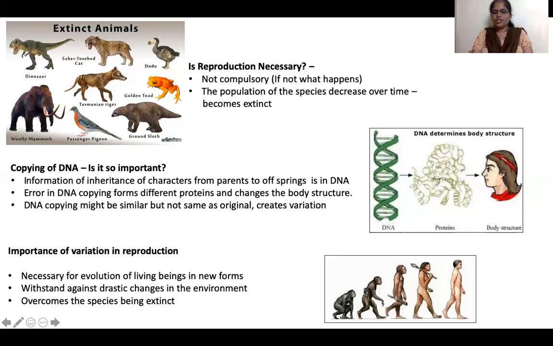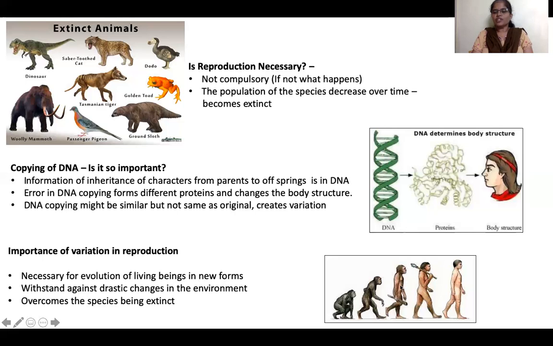Because of the variation among animals, even if there is a drastic change in the environment, some of the individuals survive the extreme conditions. So they'll survive the drastic change in the environment and move on with modifications.